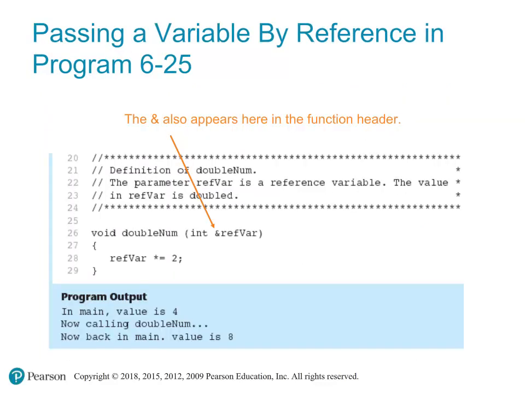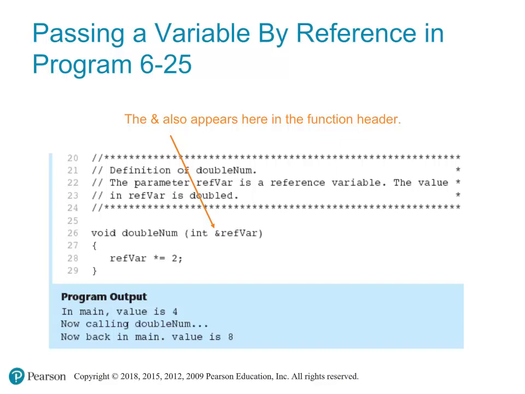The function double_num is defined to take a reference variable, refVal, as its parameter. The function doubles the variable stored in refVal by using the multiply-equals operator.